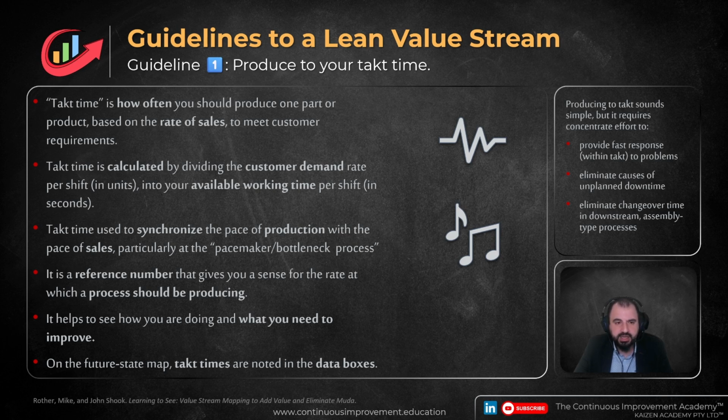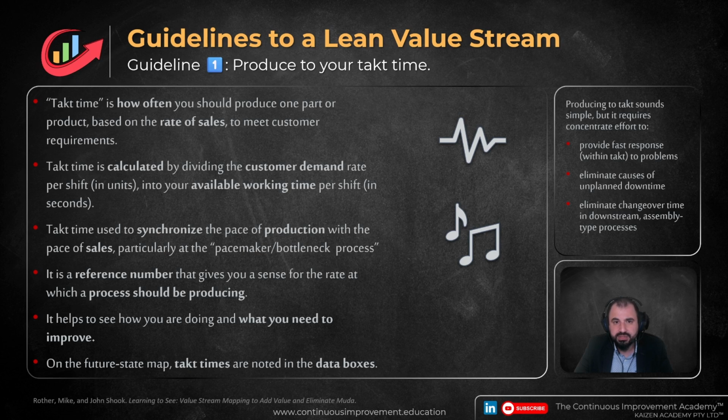It's calculated by dividing your available working time per day or shift by the customer demand per day or shift. This reference number, usually calculated in seconds or another time unit, helps you synchronize your production pace with sales and clearly see areas for improvement.